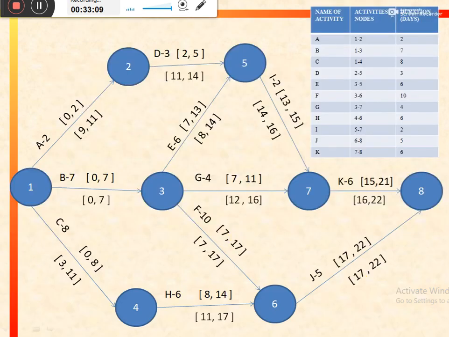Like in this network, we have different paths. For the first path, suppose we can start from node 1 to node 2 to node 5 to node 7 to node 8. So it is the path that can be named as ADIK, which basically consists of activities ADIK.